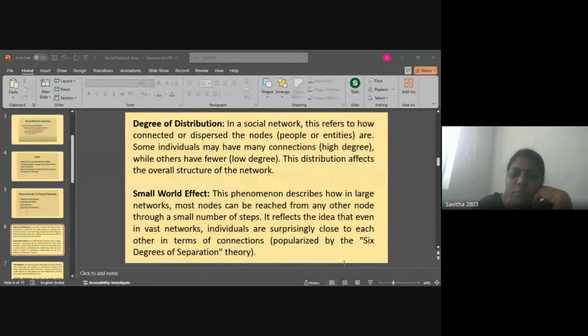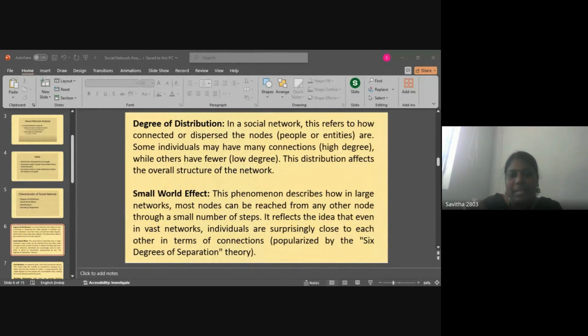Then the small world effect. Small world effect means that even if it is a large network, the distance between two random individuals or two random nodes will be relatively small.